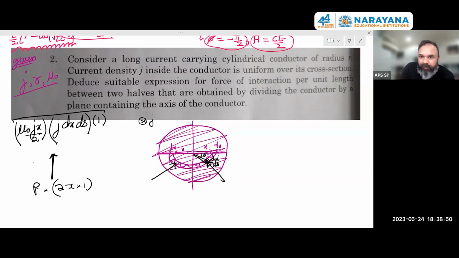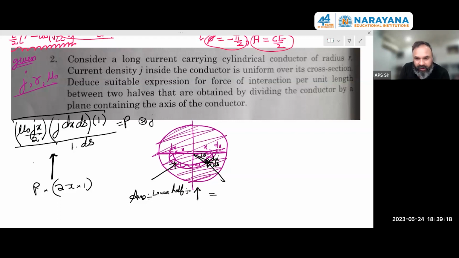And how will you write the pressure? This is the force that you have written on that patch. Since length is 1, just divide by 1 into ds, and you will get your pressure. So the answer to the question: on the lower half, there is a force acting upwards, and that value should be the integral or summation of this term.